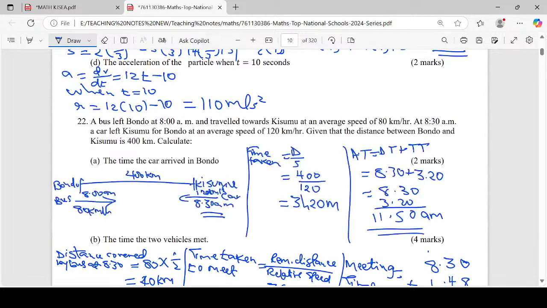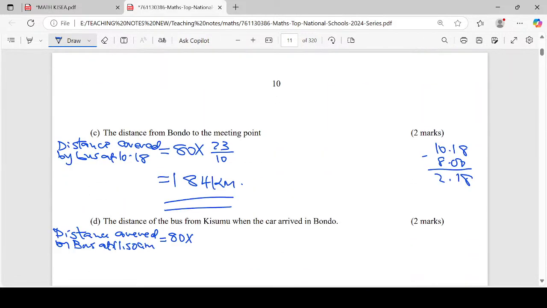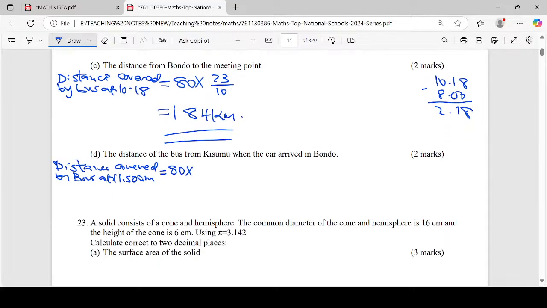The bus began the journey at 8 a.m. So if the bus began at 8 a.m., when I take 11:50 and subtract 8:00, this is 3 hours 50 minutes. That is like saying 23/6.